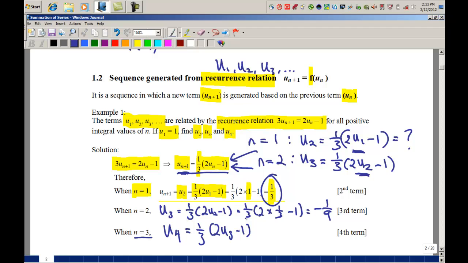And then I already know what u3 is. u3 is minus 1/9. And this is 1/3 (2 times negative 1/9 minus 1). And then if you press this on your calculator, you get minus 11/27.